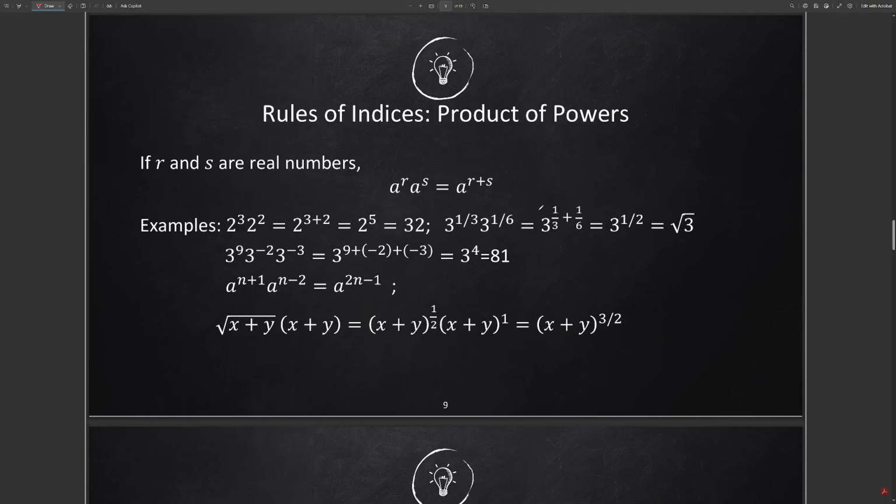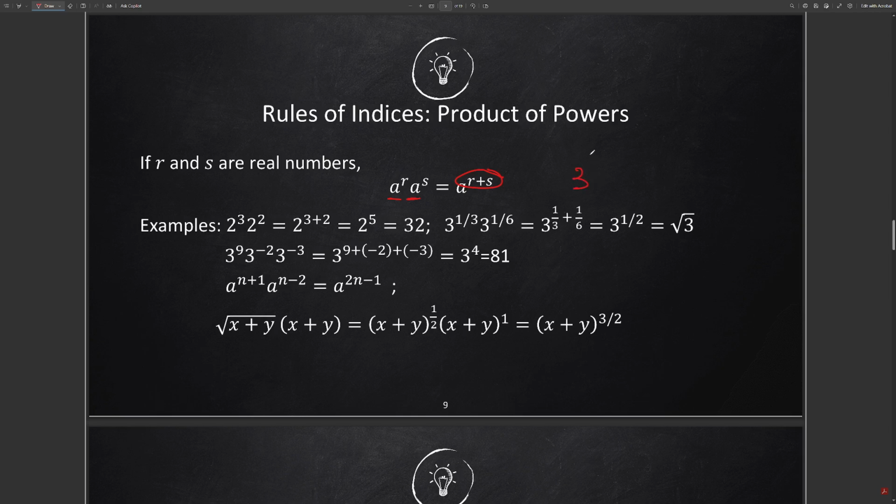More rules. If r and s are real numbers, then a to the power of r by a to the power of s is equal to a to the power of r plus s. So in other words, we just add the powers. Right? Notice that we have a here and we have a. This tells me that the base must be the same for me to add powers.